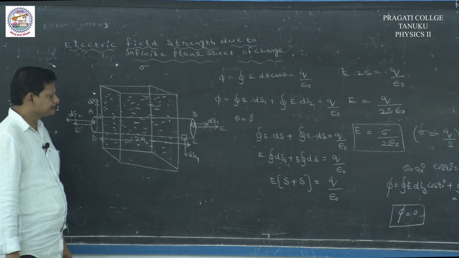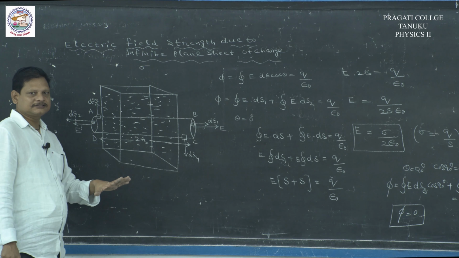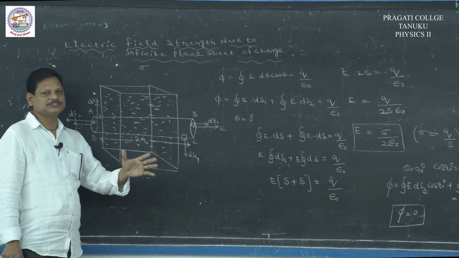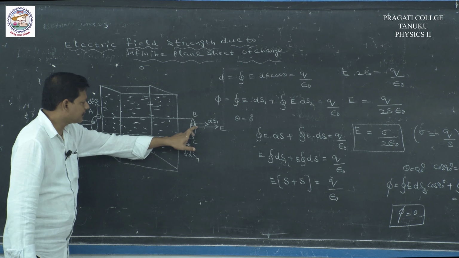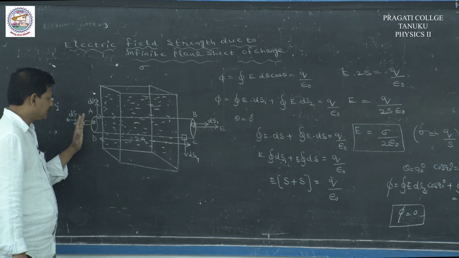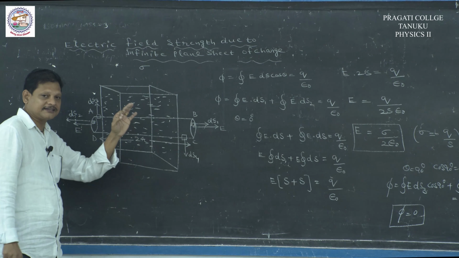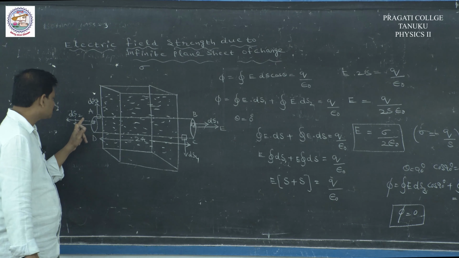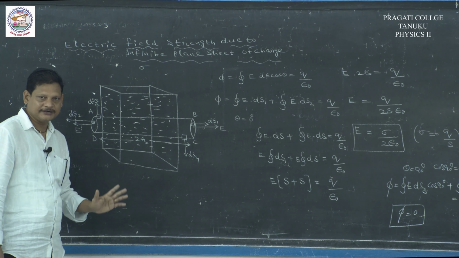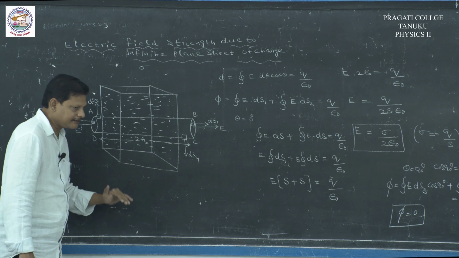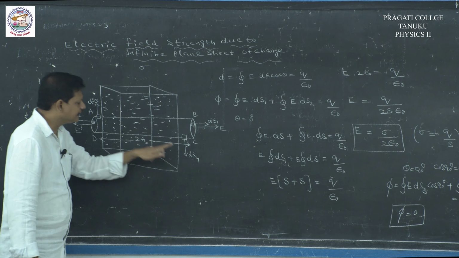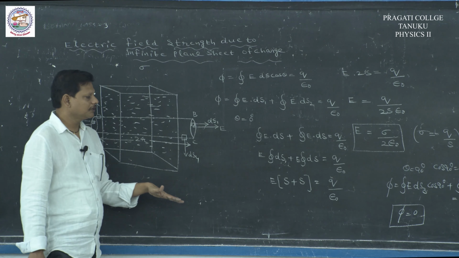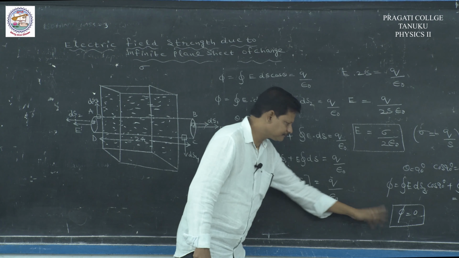Let us take small elemental areas ds1, ds2, ds3 and ds4. ds1 and ds2 are on the flat surfaces and parallel to the electric field, so flux is maximum. Similarly, ds3 and ds4 are perpendicular to the electric field, so flux is 0.